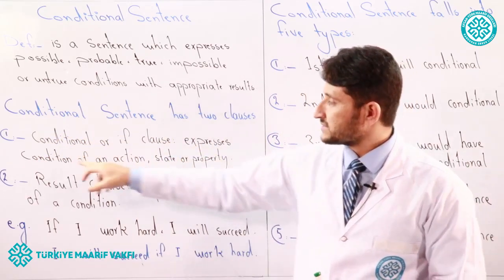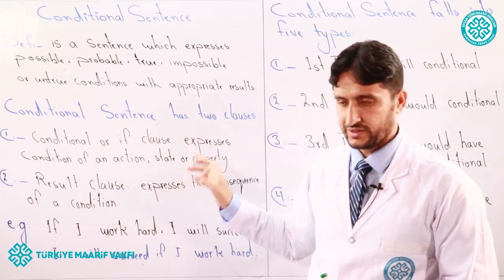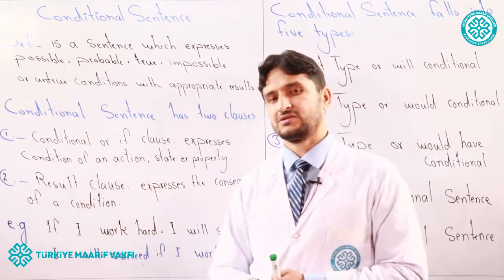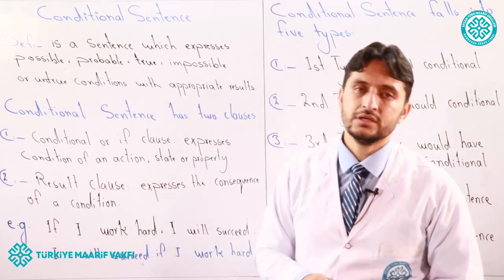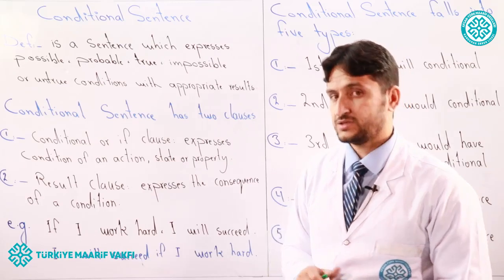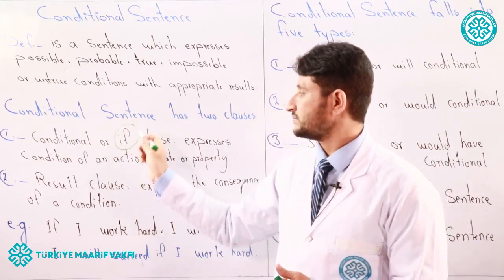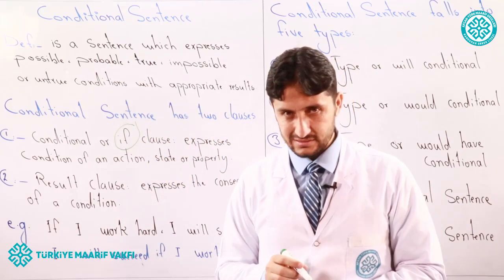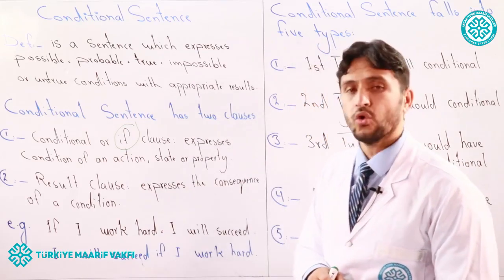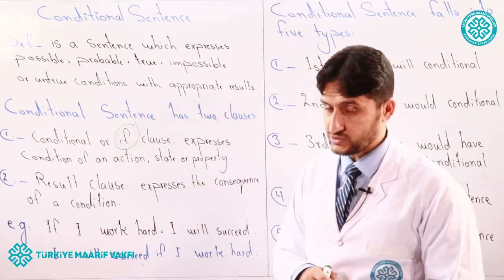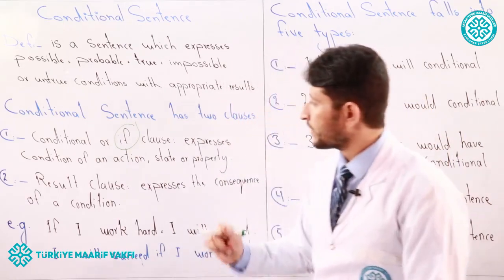It expresses the condition of an action, state, or property. So a conditional clause or if clause shows the condition of an action, state, or property. And it always begins with if. Conditional clause begins with if or unless.